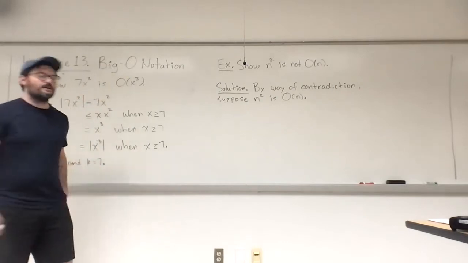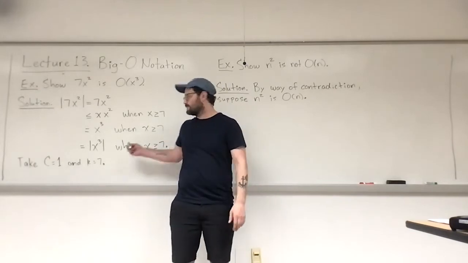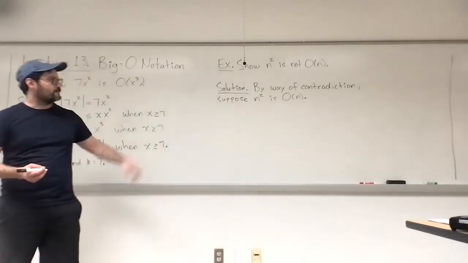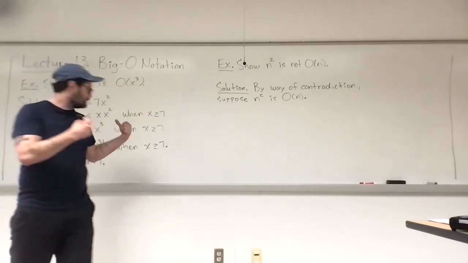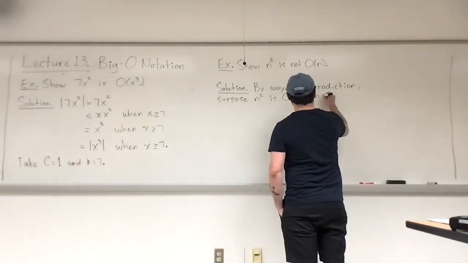Now, the nice thing about contradiction is that under this assumption, we get all this information. We get that there are witnesses to that big O instance. So if that is big O of n, then there exist capital C, lowercase k, such as this. So then, by definition, we'll just write it out.